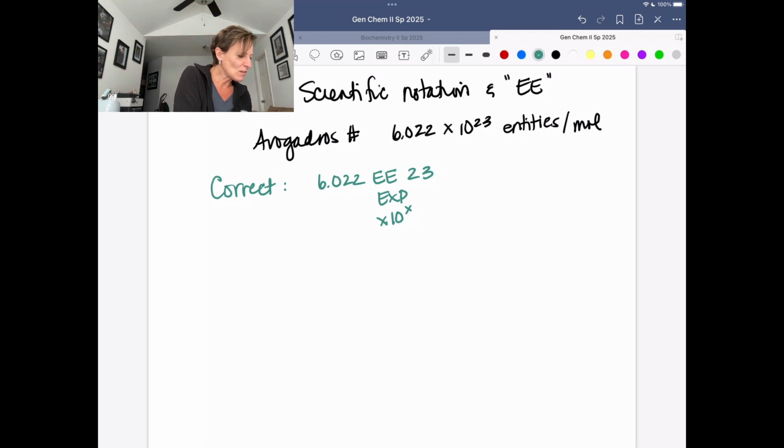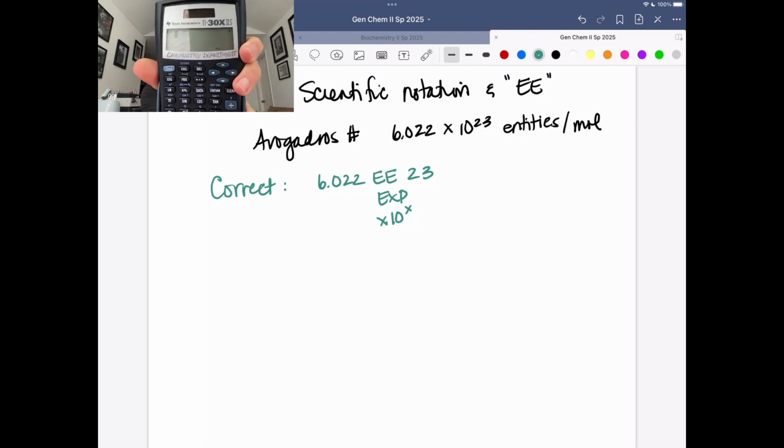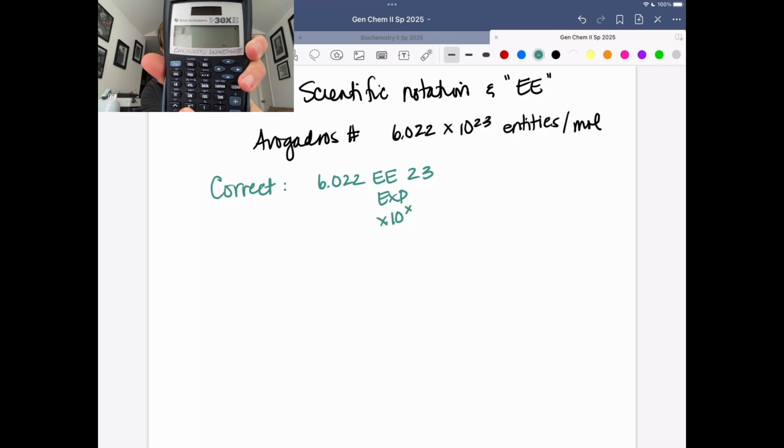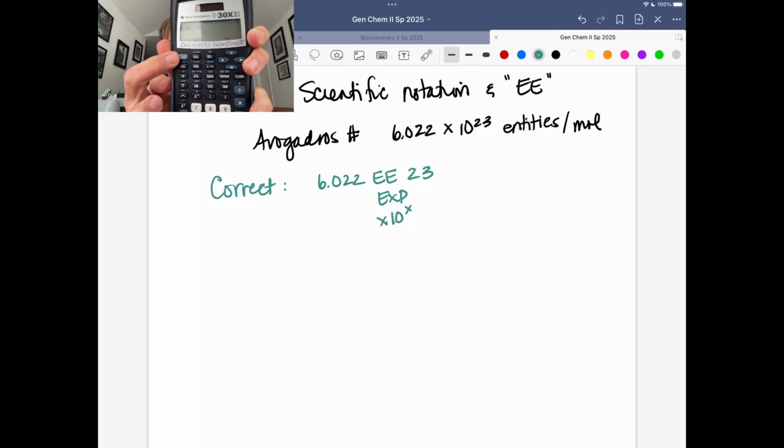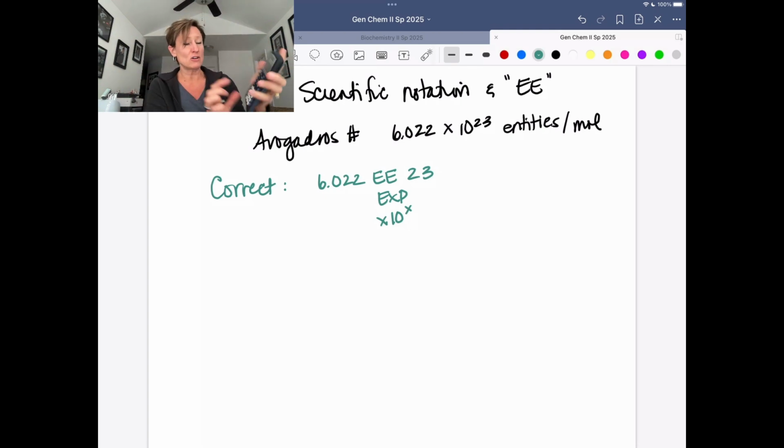Okay, I'm going to show you how to do it on this one too. Okay, this one's a little bit different. I don't love this one as much because the EE button is actually above the inverse symbol, and so you actually have to use this second button, the second function, in order to get there. So if you have a calculator like this, you're going to type in 6.022.